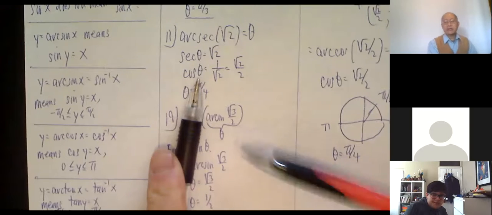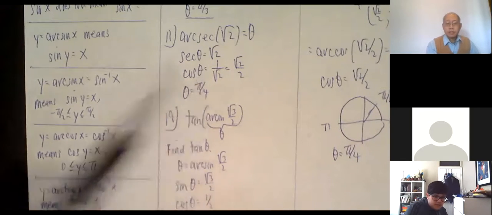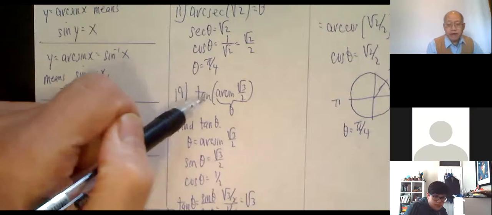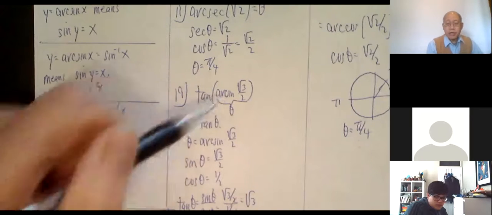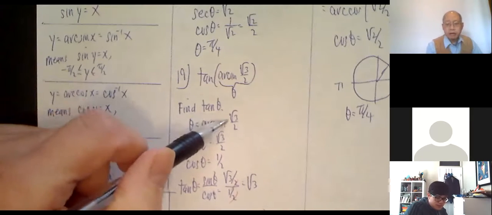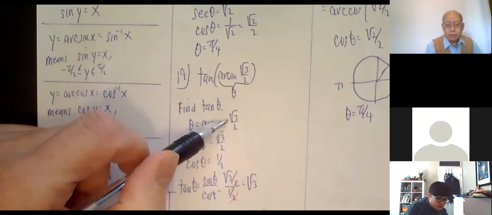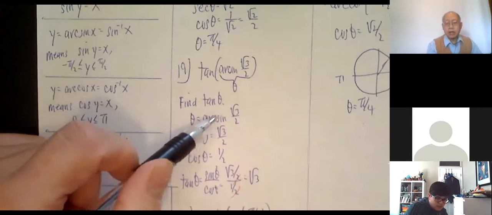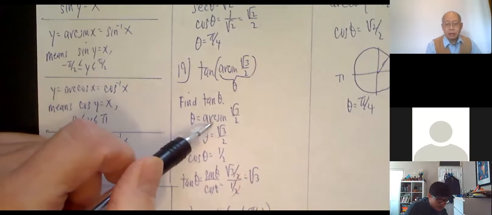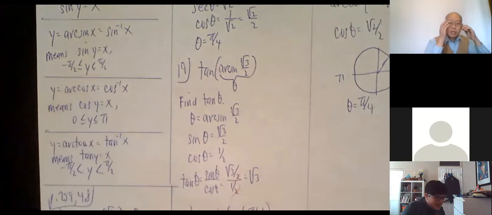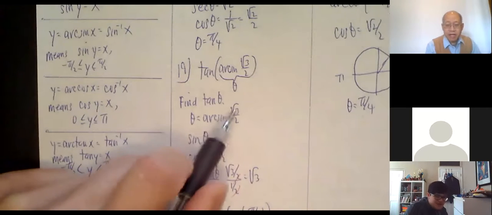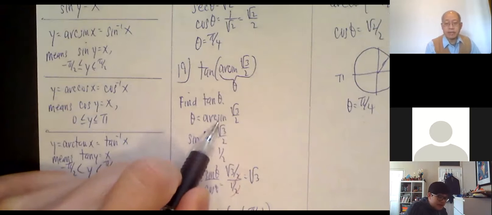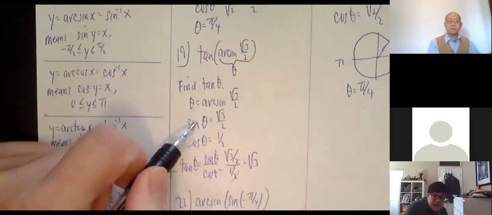Then when I get out, take the tangent of the angle. Okay, so I'm ultimately finding the tangent of theta if I'm calling this thing theta. Okay, so theta is arc sine radical 3 over 2. Okay, unscramble it, write it without the arc. Okay, sine of theta equals radical 3 over 2. Okay, you're not taking the sine of radical 3 over 2. You must be taking the sine of something else, theta.